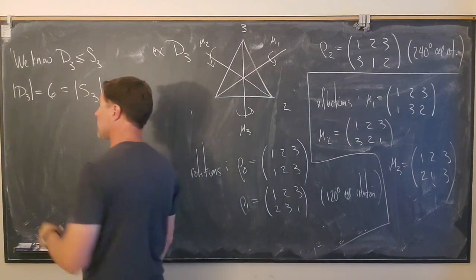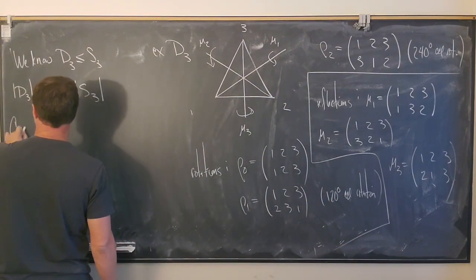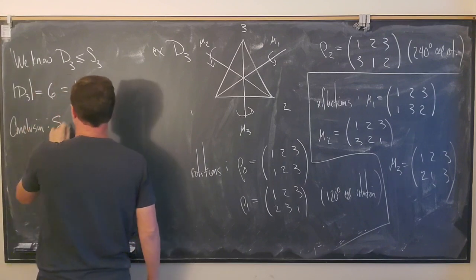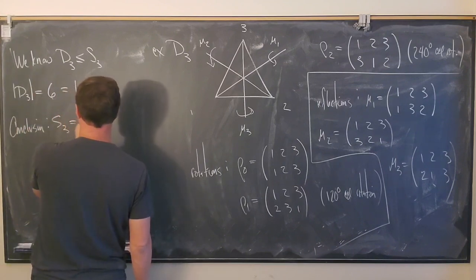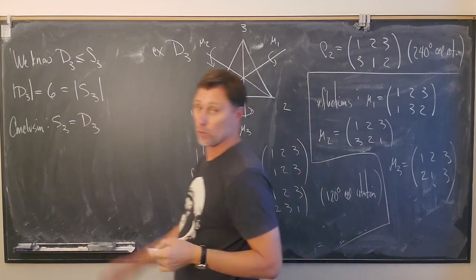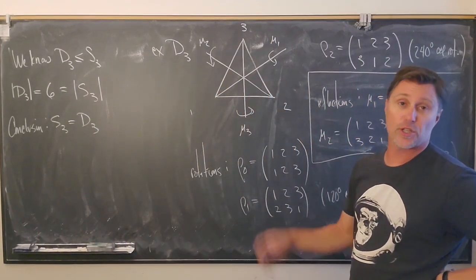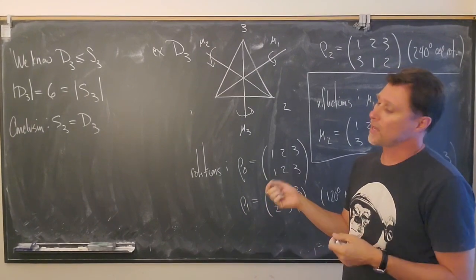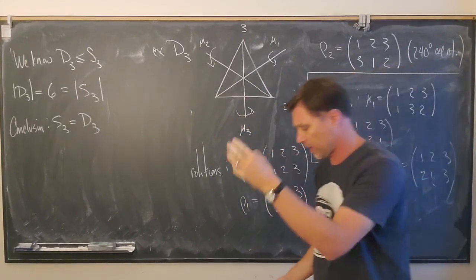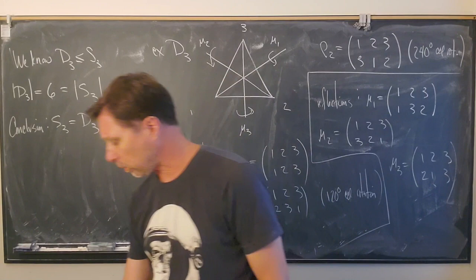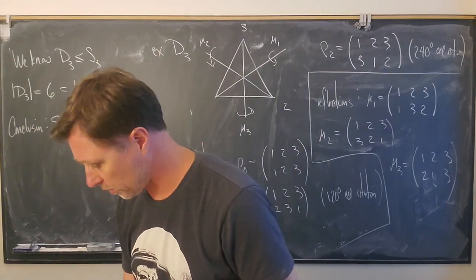So the conclusion is that S_3 is equal to D_3. They're exactly the same group. That doesn't happen in general. As soon as you get to S_4 versus D_4, S_4 is definitely bigger than D_4, and so on. So it only happens in this case when n equals 3.